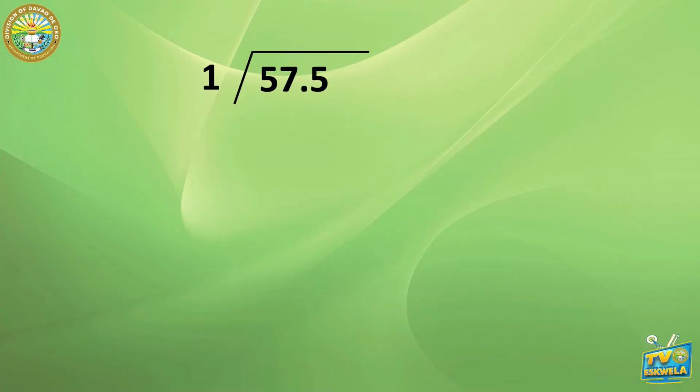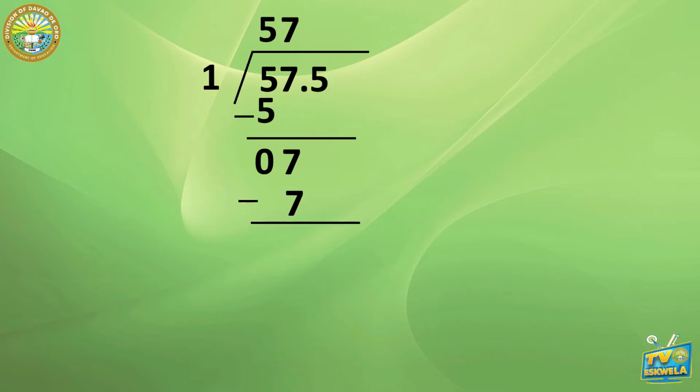Then, solve. 5 divided by 1 is 5. 5 times 1 is 5. 5 minus 5 equals 0. Bring down 7. 7 divided by 1 is 7. 7 times 1 is 7. 7 minus 7 equals 0.